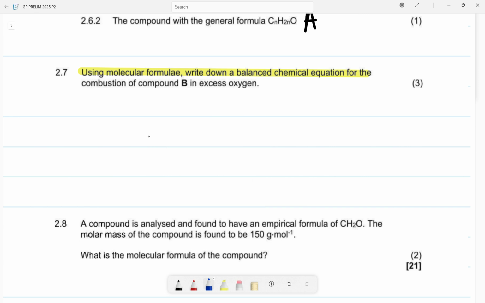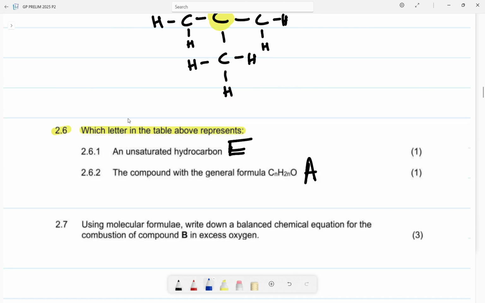Let's see. Write down the balanced chemical equation for the combustion of compound B in excess oxygen. Okay, this is a combustion again, and we know that for combustion we need an alkane and oxygen. So alkane, where do we find alkane?